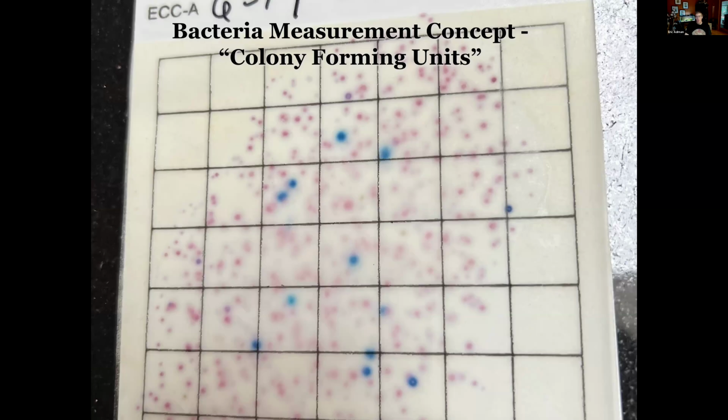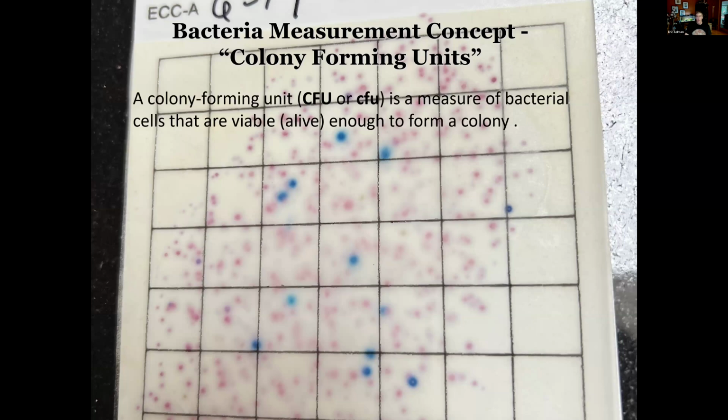A concept in bacteria measurement is something called colony forming units, otherwise referred to as CFUs. And that is a measure of how many bacterial cells are viable enough to form a colony. So this photograph here is of what's called an R card, and we'll talk about those a little bit more in a moment.